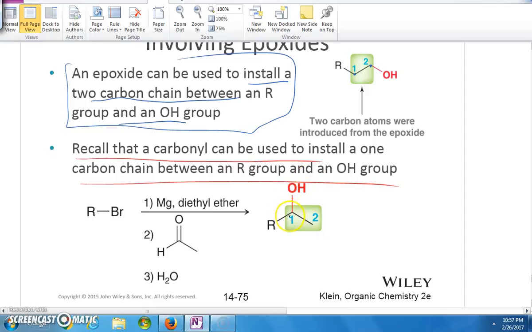If you had a Grignard and made it react like that, notice that you have installed 1 carbon in between the R group and the OH group. If you want to install 2 carbons, then you have to use an epoxide.